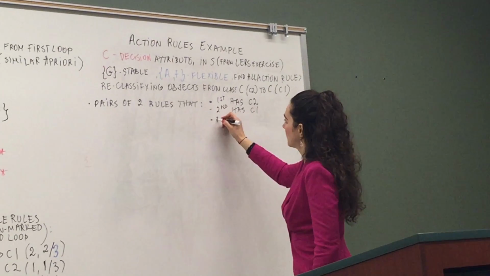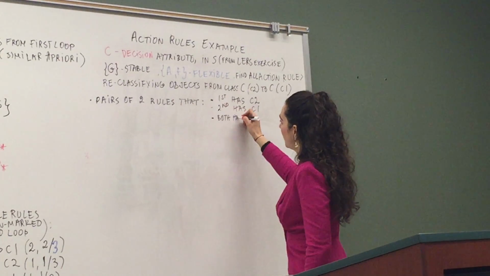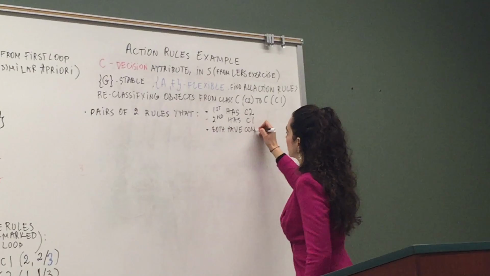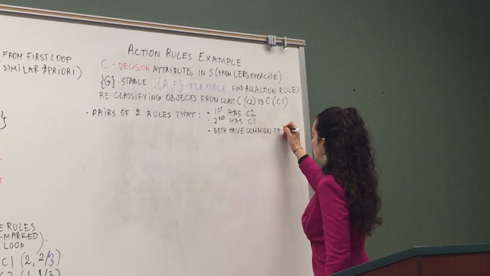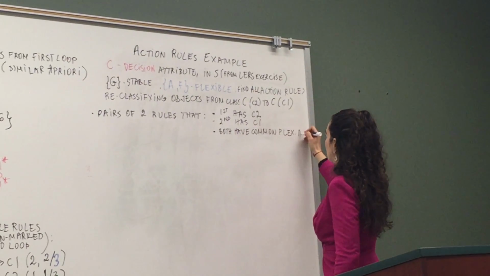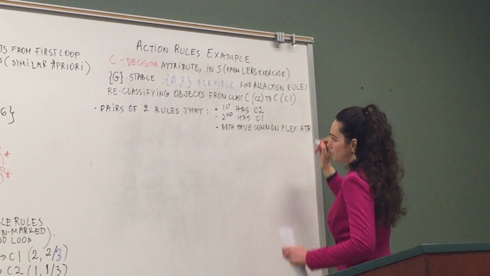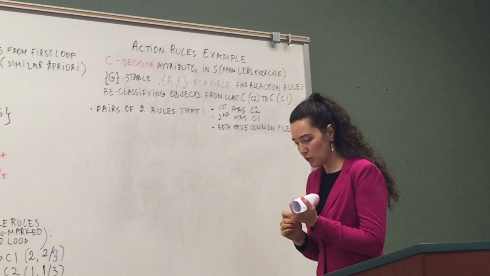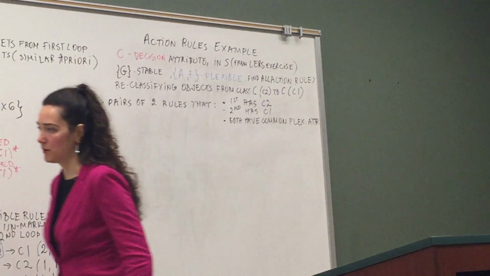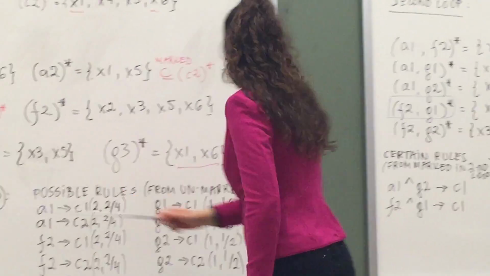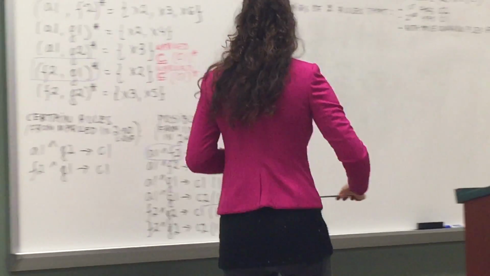Finally, the rules have to have common flexible attributes. So we can use this pair: A2 implies C2, A1 and F2 implies C1.